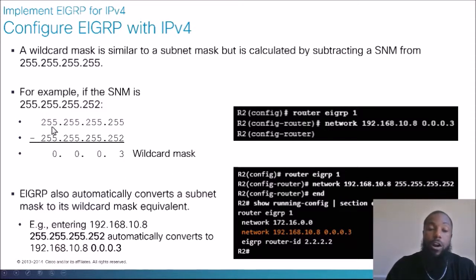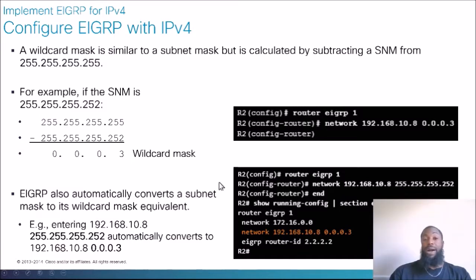So again, the wildcard mask is 255 minus the subnet mask that you want to advertise EIGRP in. So if your subnet mask is that, then you're just going to take 255 minus that subnet mask. That'll give you the wildcard mask. Again, EIGRP is going to do that automatically for you if you don't put in the wildcard mask.